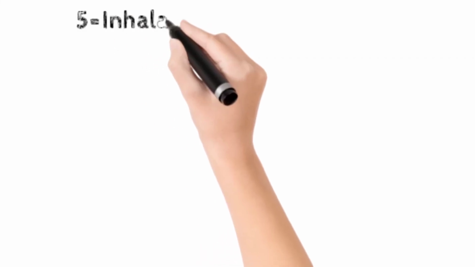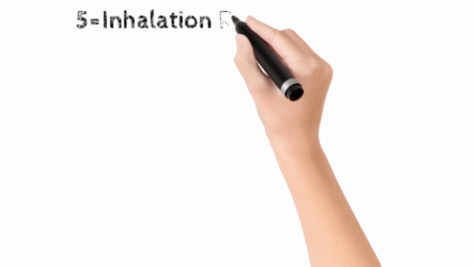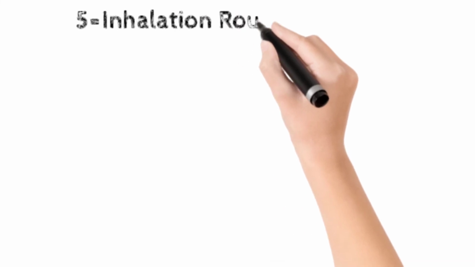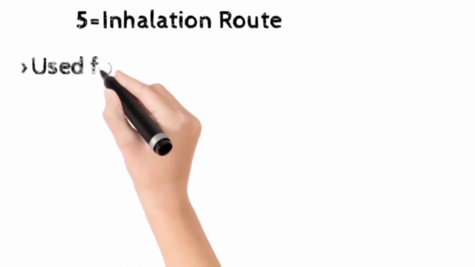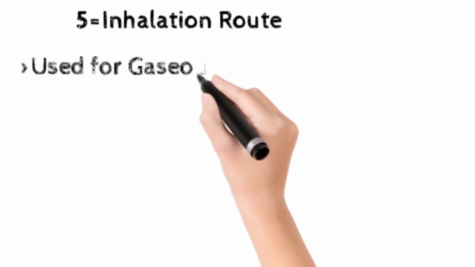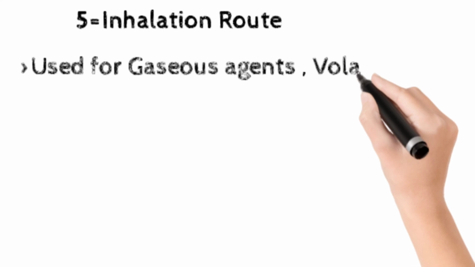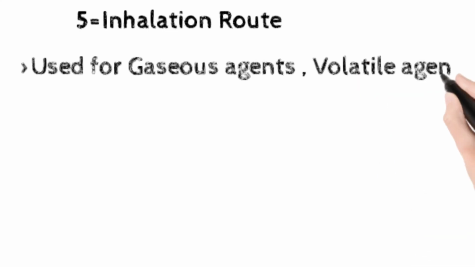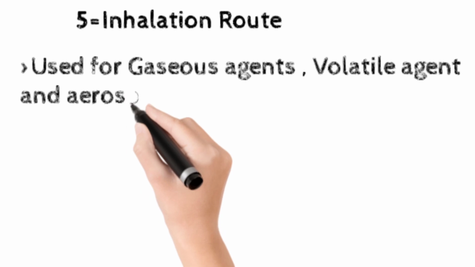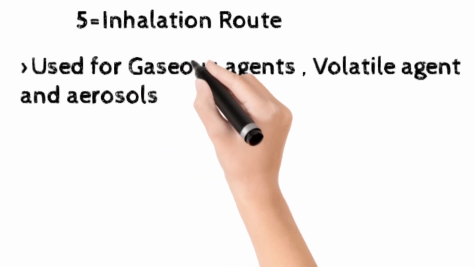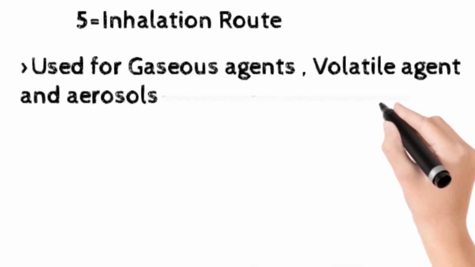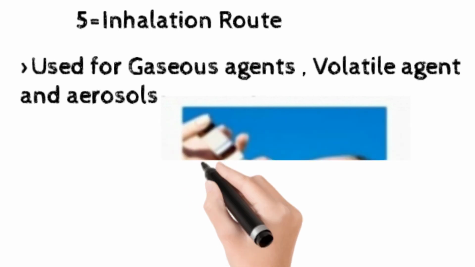Now last is the inhalation route. The inhalation route is used for gaseous agents, volatile agents, and aerosols, meaning aerosol sprays. Now look at this diagram.